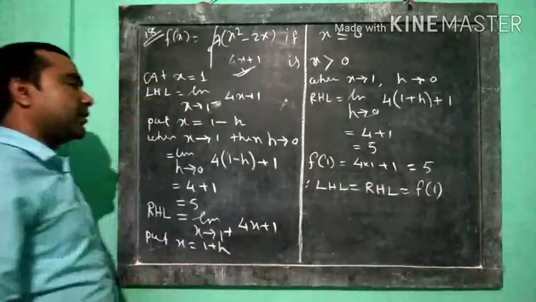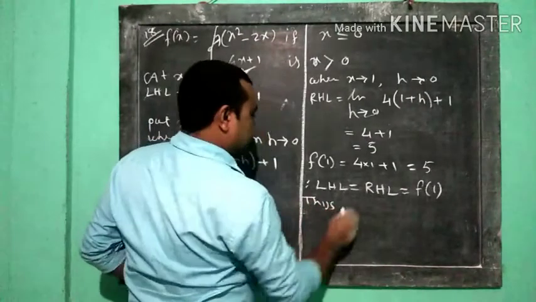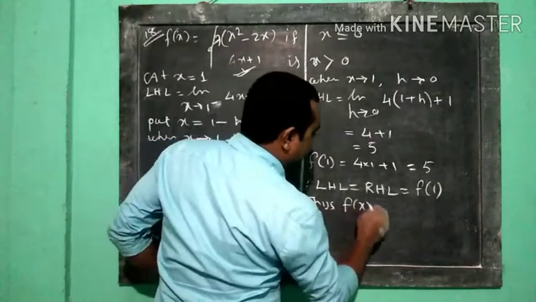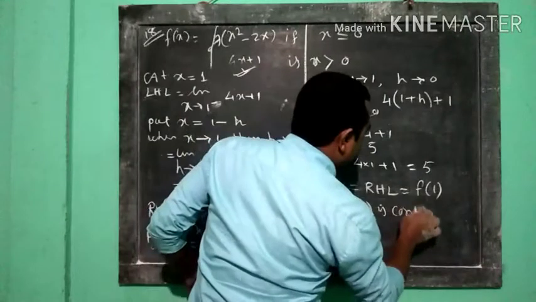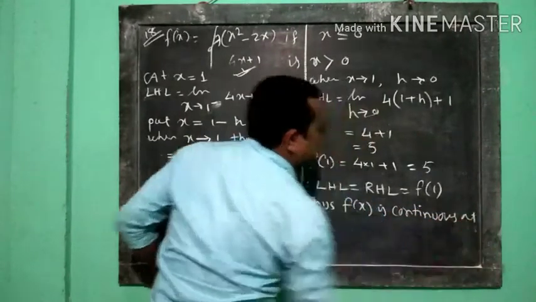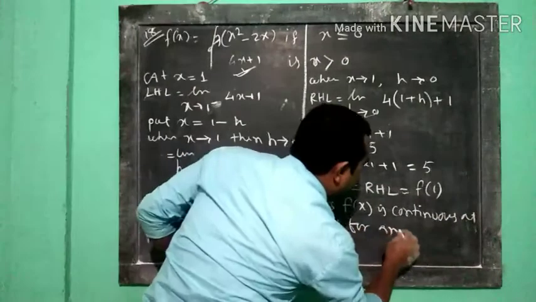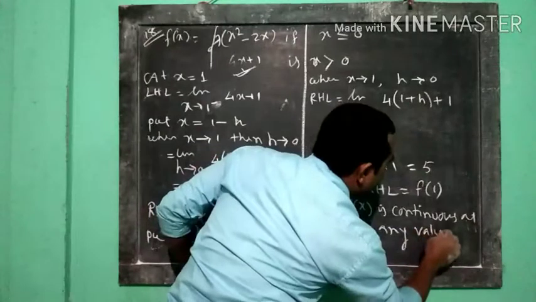Both are equal. Thus f(x) is continuous at x equal to 1 for any value of lambda.